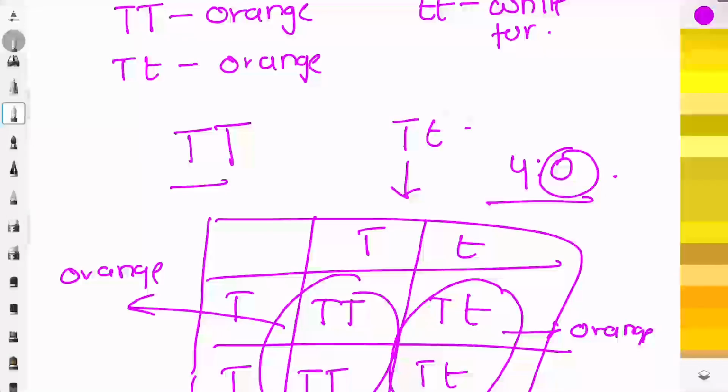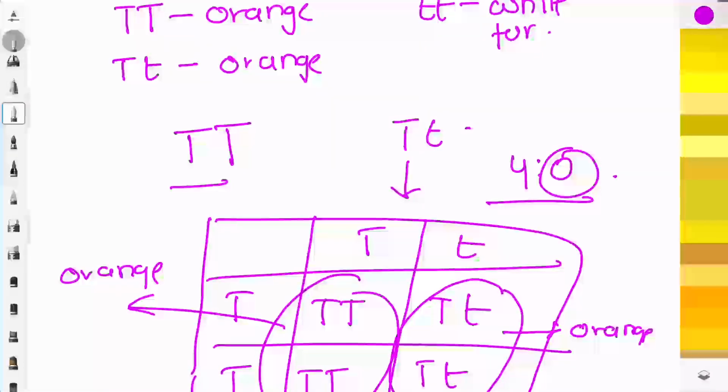Let's say two parents are having black eyes, the son is having blue eyes. How is that possible? The concept here is: the offspring is showing a characteristic that the parents don't have. That should immediately tell you the characteristic that is being shown, the white fur, the blue eyes, is recessive.